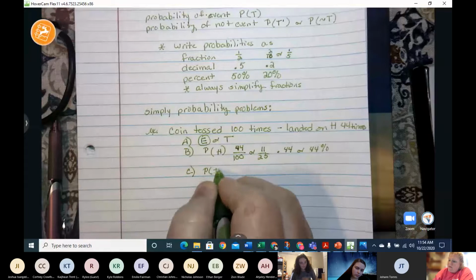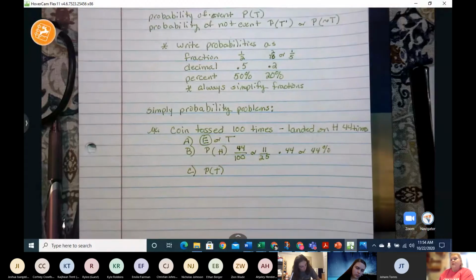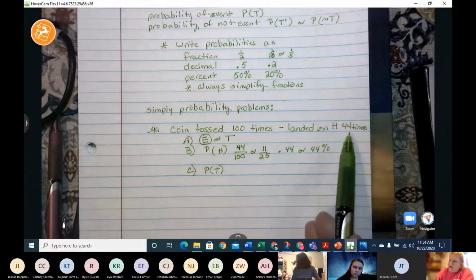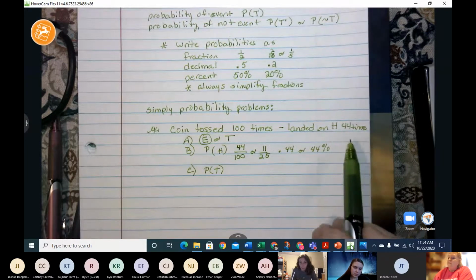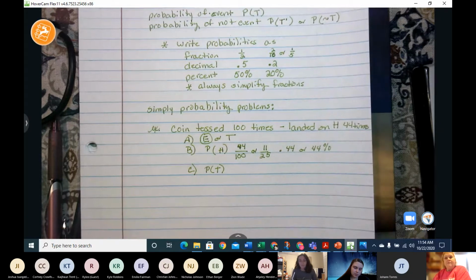Now, what would be the probability of tails? It doesn't give me the information for tails, but can I find it? If it landed on heads 44 times, how would I find the tails? I would subtract 100 minus 44.